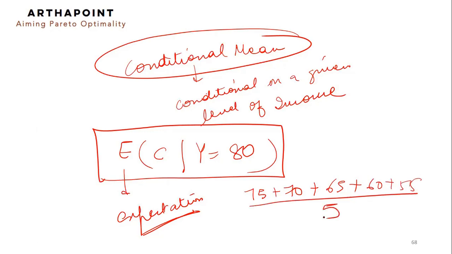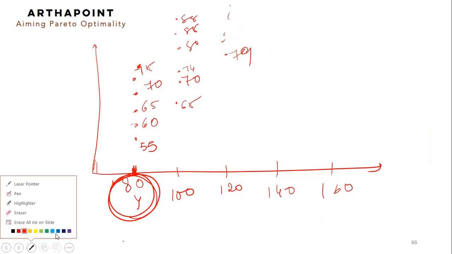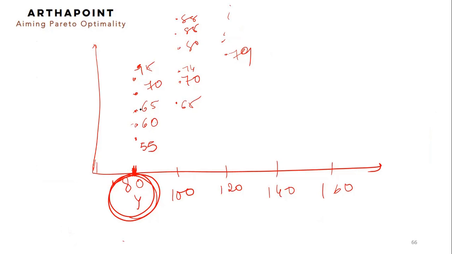You get a number for that, and the number becomes 65. So I go ahead and mark this as 65.